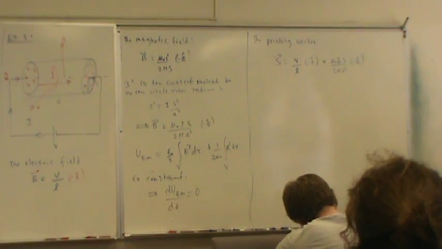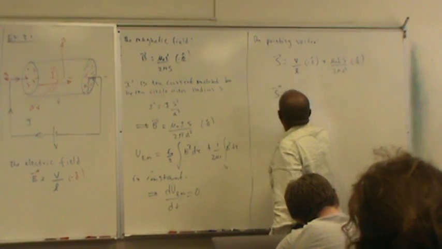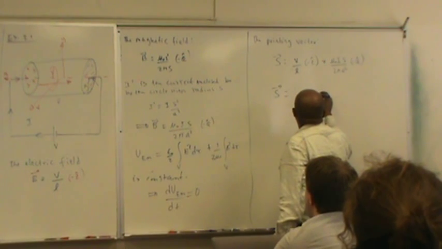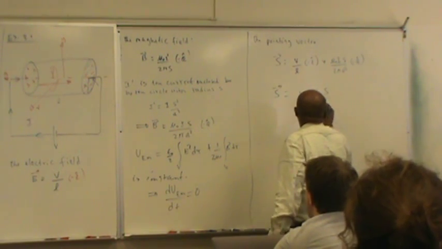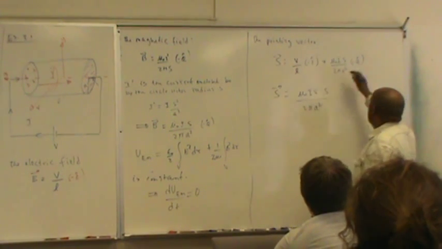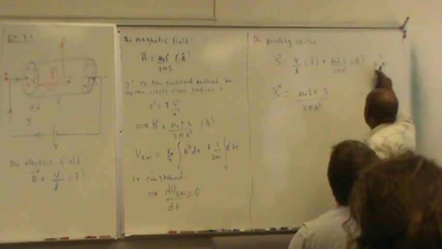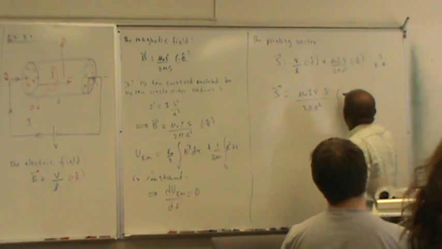So what do you get when you take the cross product of these two? Mu naught I V times S over 2 pi S squared, z cross phi. Z cross with phi, I get minus S.